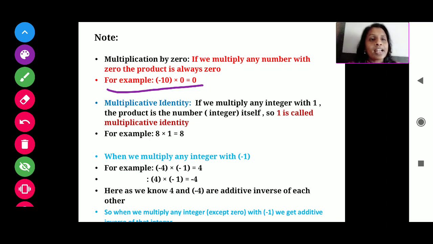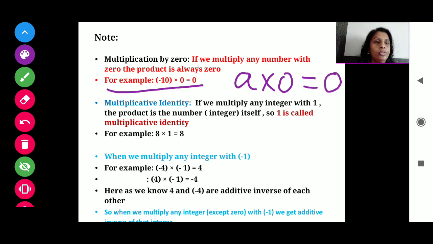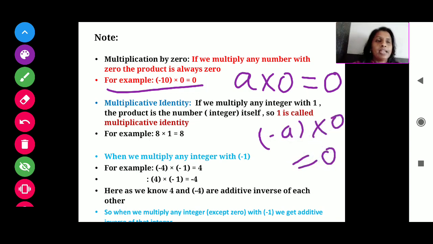So here you can write it like this: a multiplied by 0 will be 0. If you multiply -a into 0, then also your answer will be 0. If you multiply any number, any integer, with 0, your answer will always be 0. This thing you have to keep in your mind.